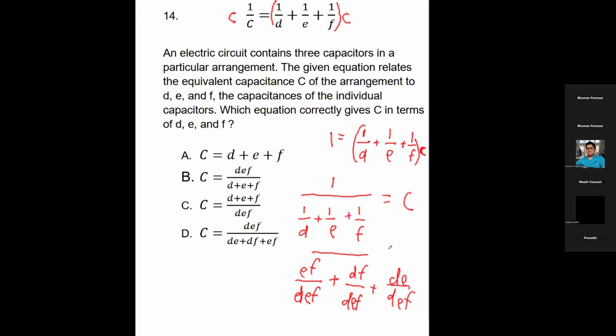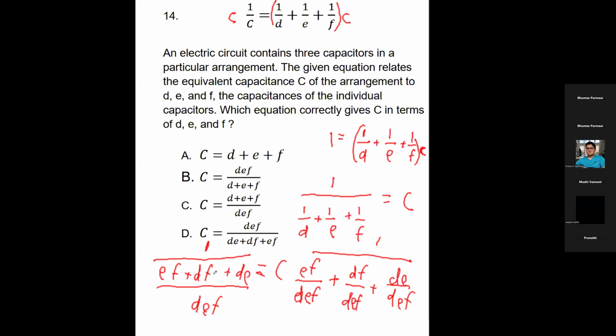So there's still a 1 over. And then once we add all these together, we get EF plus DF plus DE over DEF. And then we still have the 1 over from here. So we have 1 over all that equals C.